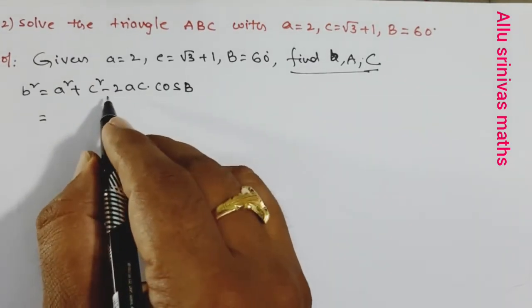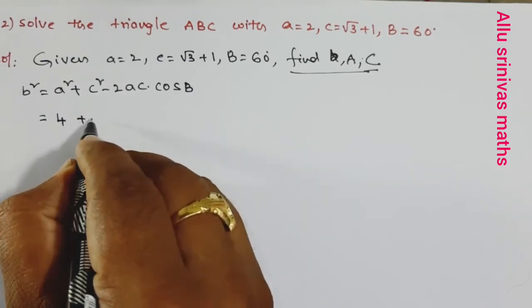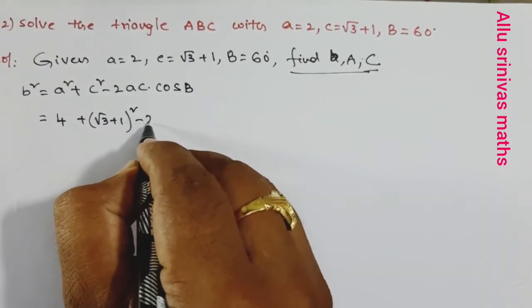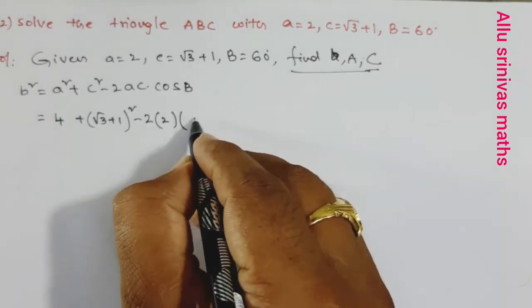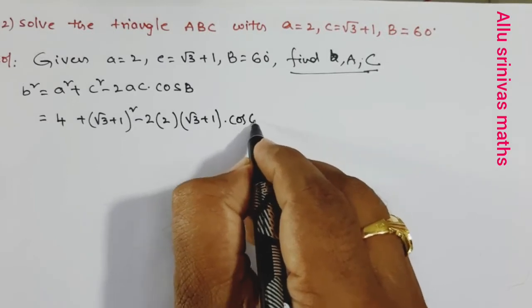where a square is 2 square is 4, c square is root 3 plus 1 whole square, minus 2 into a is 2, c is root 3 plus 1, and cos B, cos 60 degrees.